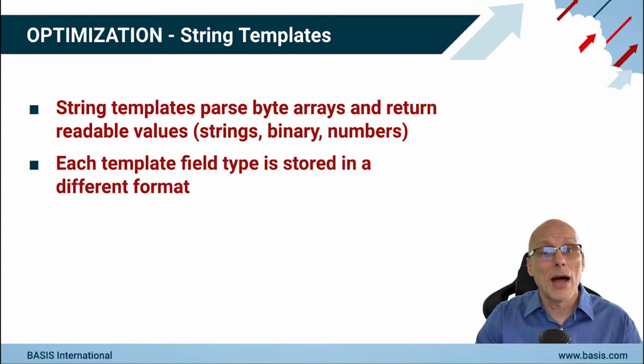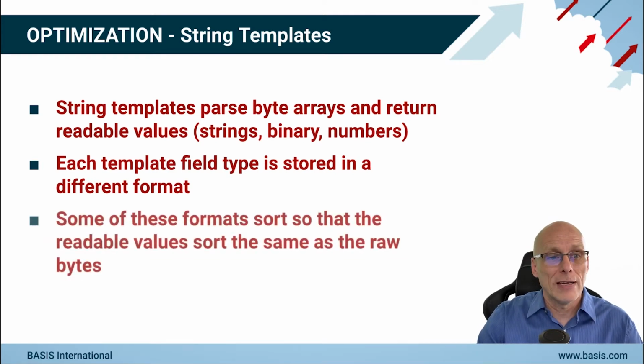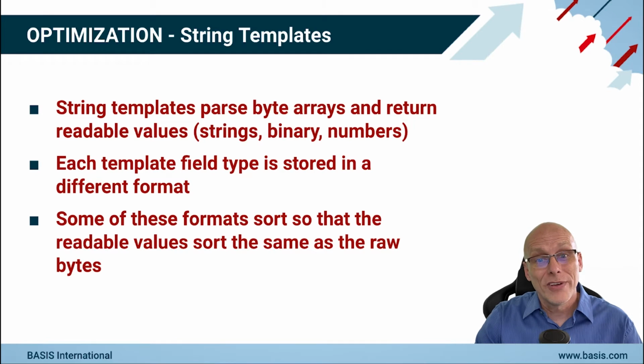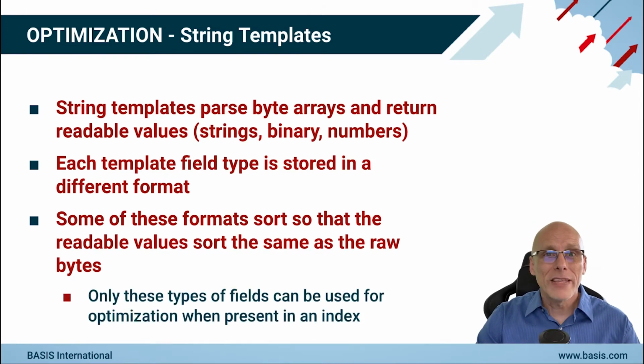Each template field type is going to be stored in a different format, and that's important to understand. Some of these formats sort so that the readable values sort the same as the raw bytes. Hopefully this is making you understand why I was talking about sort order and why we started at that, because only these types of fields can be used for optimization when they're present in an index.